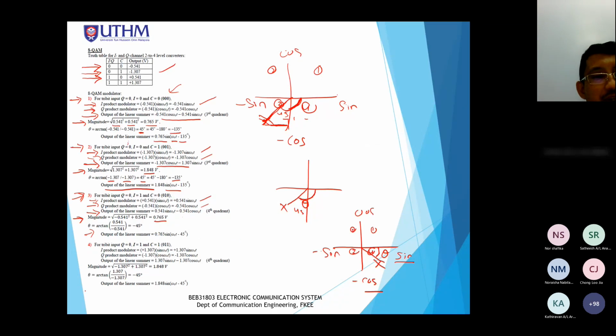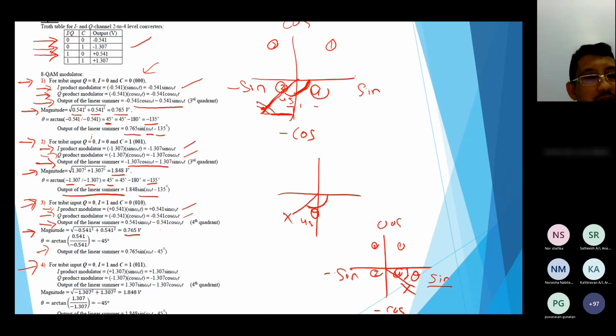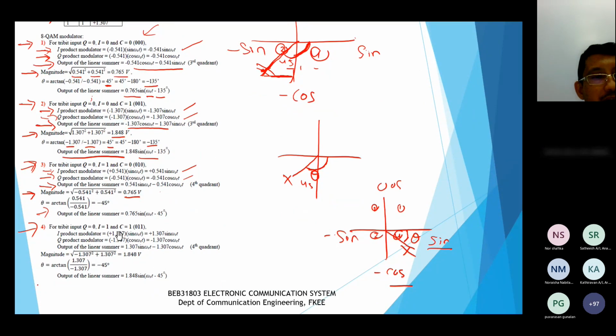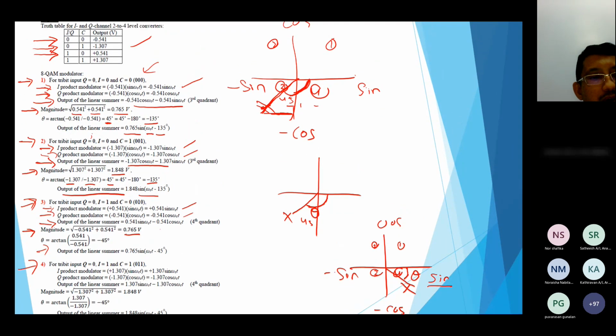Okay, the last one. Actually, we have 8. So I just show you up to 4 different inputs. I hope you understand about this. So you see that now the input is 0, 1, 1. Okay, so the I channel is produced for the first 2-to-4 converter, which produces positive 1.307.